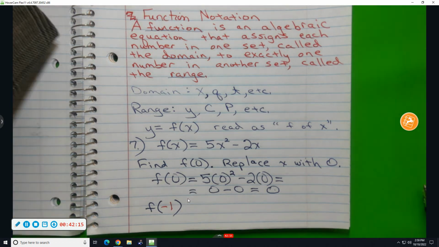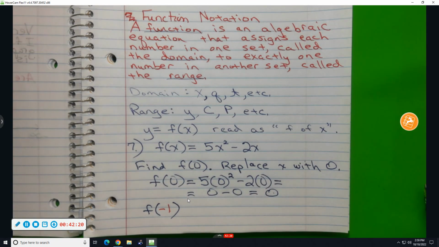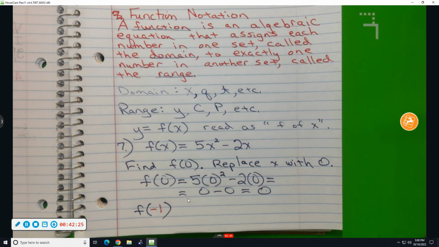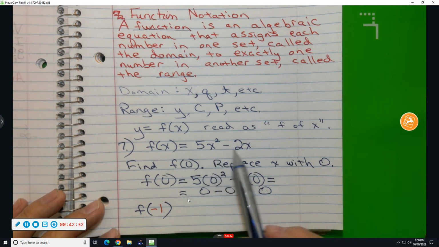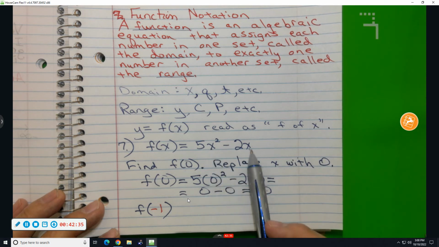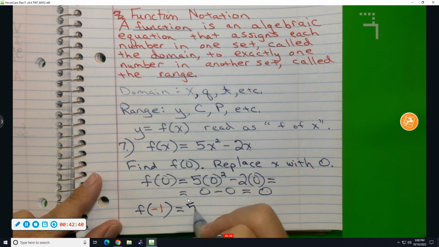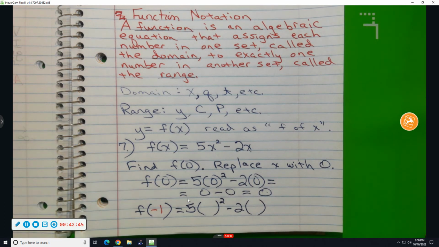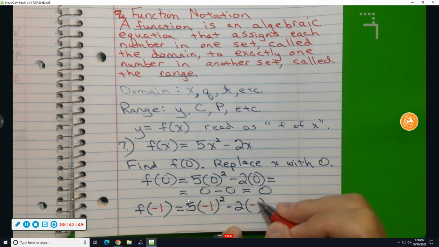That says go to your function f, and wherever you see a variable, replace it with negative 1. So we have 5 times negative 1 squared, replace that x with a negative 1.